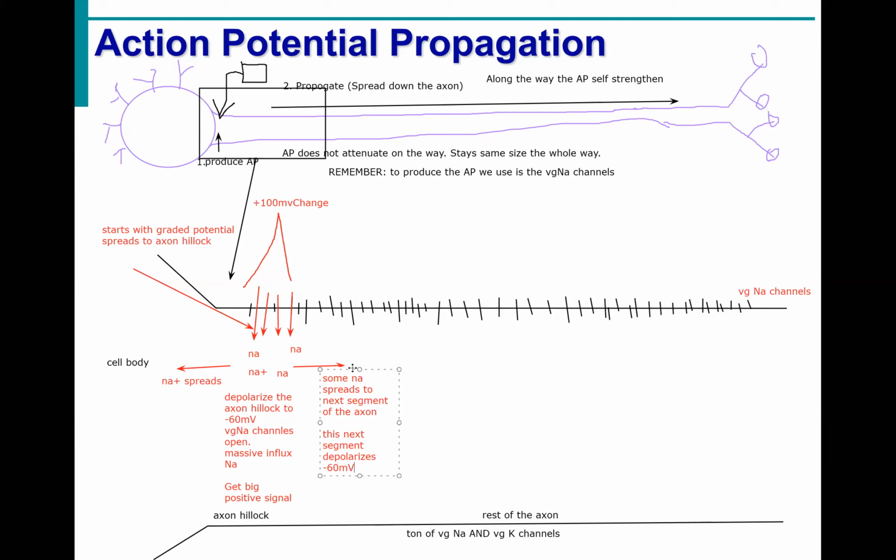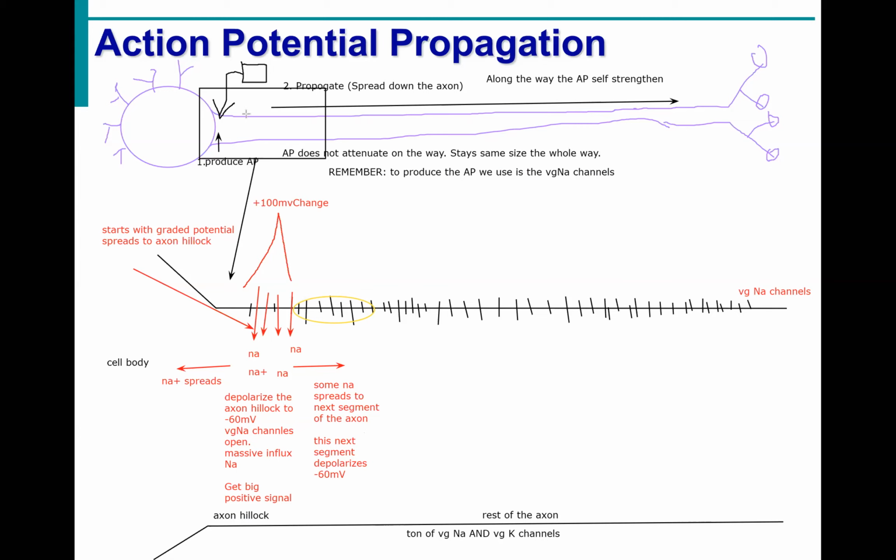And if this next segment right here goes from negative 70 millivolts, what is going to happen to these voltage gated channels right here in this next segment of our axon? Nope, we're not to the axon terminal yet.